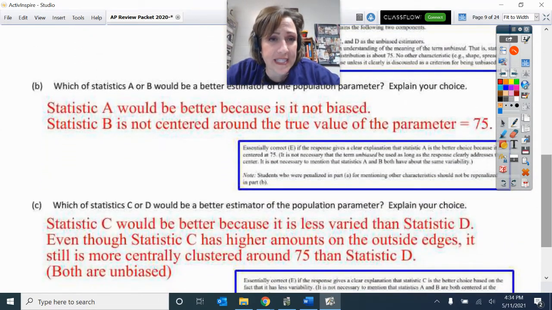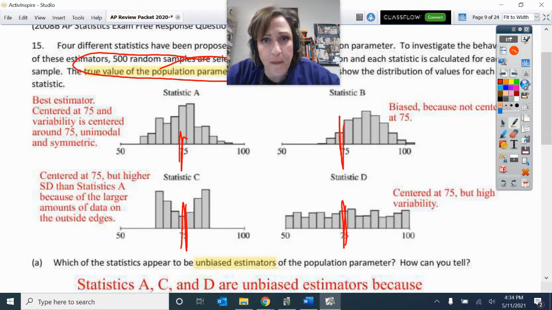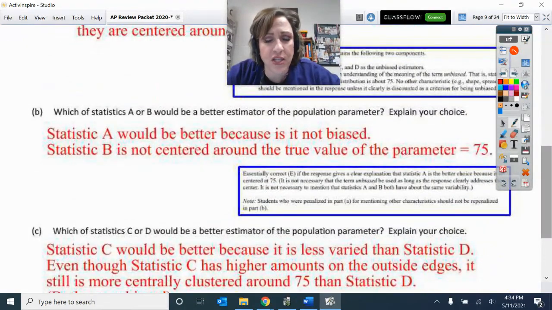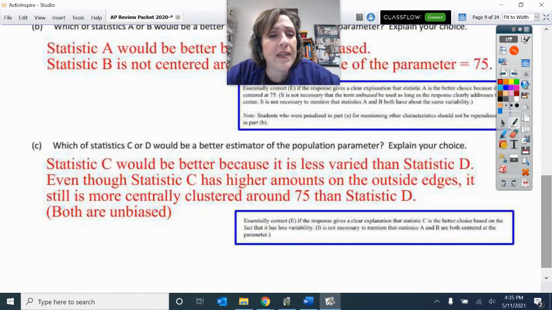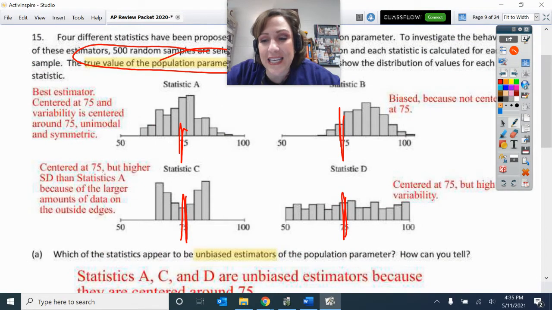Which of the statistics, A or B, would be a better estimator for the population parameter? Well, obviously A, because it is not biased. B is the one that is biased. So you had to state that B is not centered, it is biased, it's not centered at 75. And then what about this one? Which one's better, C or D? Well, look at D. It's high variability.